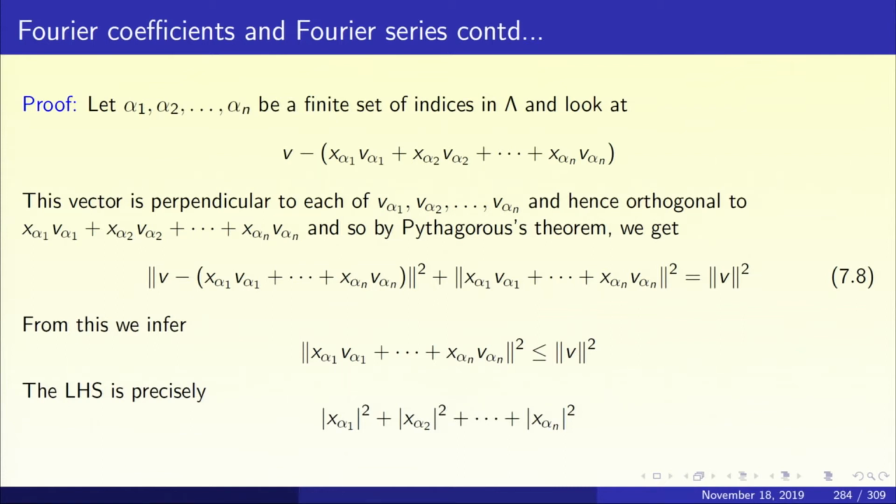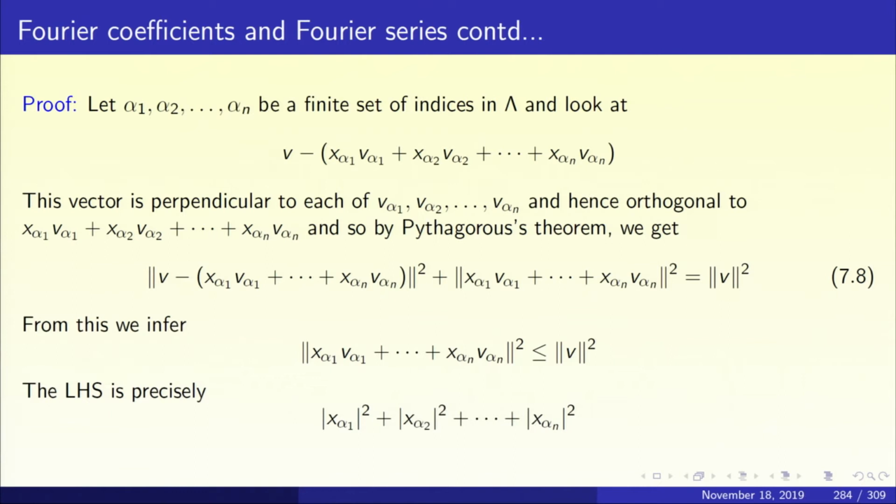What are you going to get? V dot v alpha 1 minus x alpha 1 into v alpha 1 dot v alpha 1 minus x alpha 2 into v alpha 2 dot v alpha 1, etc. But remember that the v alphas are orthonormal.